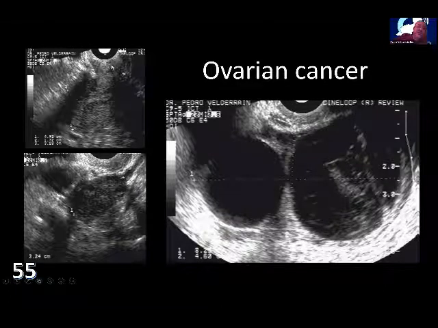This is a transvaginal approach on the more basic ATL device I mentioned to you, with a big, septated, complex, cystic mass in a female older than 40 years old. This was an ovarian cancer.